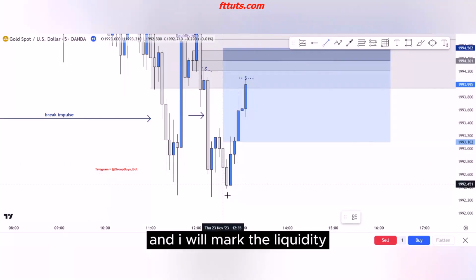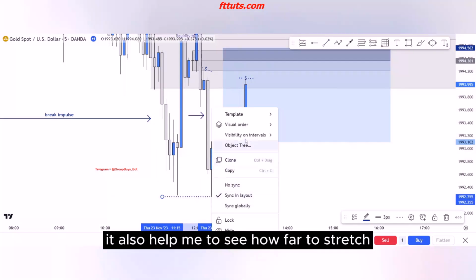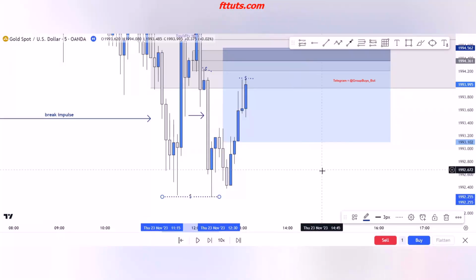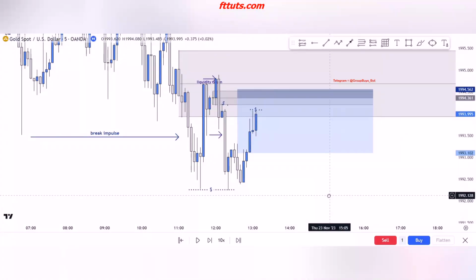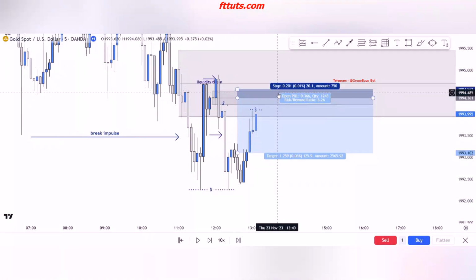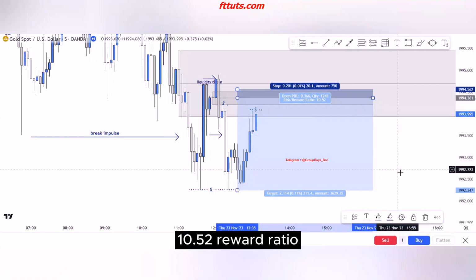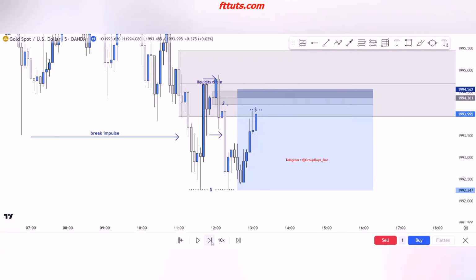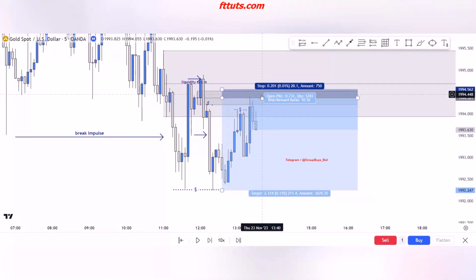And I will mark the liquidity that stands out to me here. It also helped me to see how far to stretch the take profit. 10.52 reward ratio, and enter our trade.